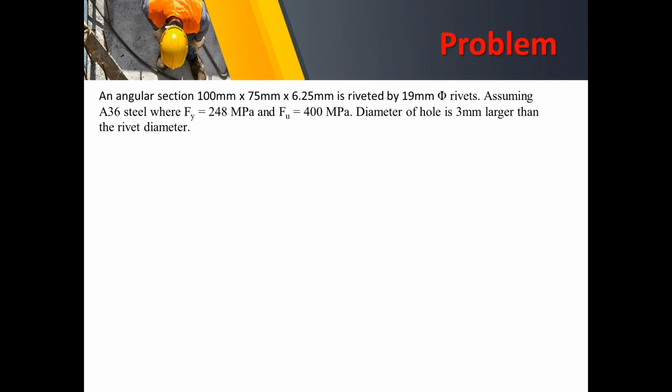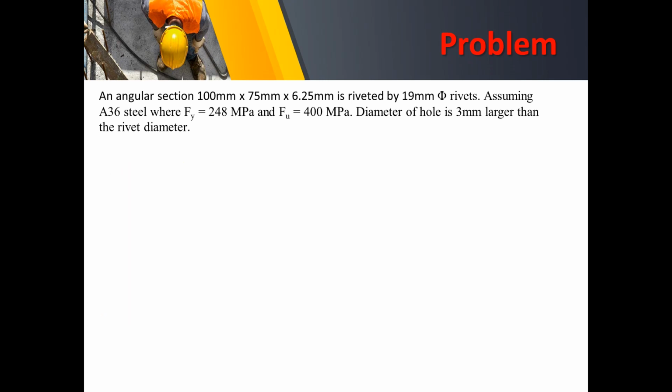The assumption here is that the diameter of the hole should be 3 millimeters larger than the rivet diameter. So therefore, 19 plus 3 is 22. 22 millimeters is the effective length occupied by that rivet.